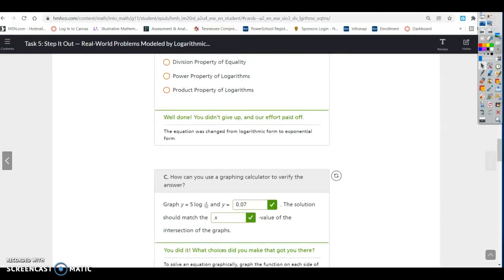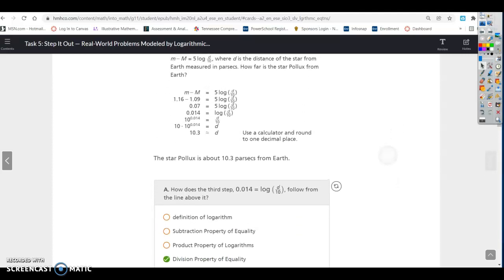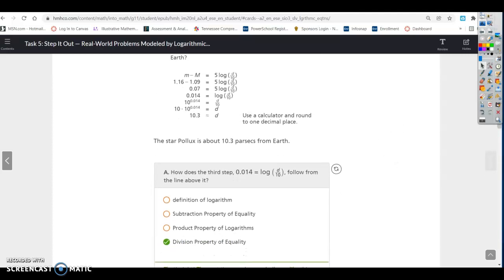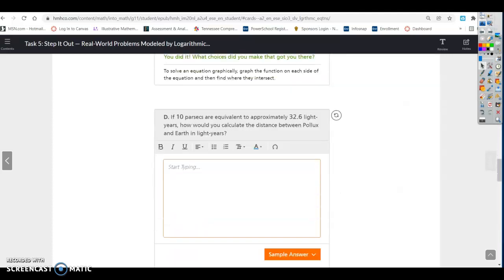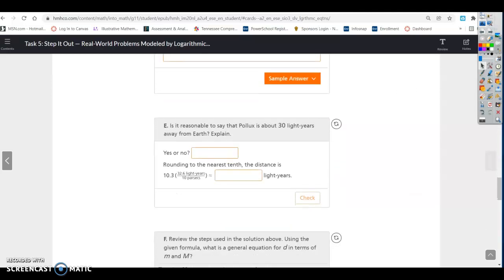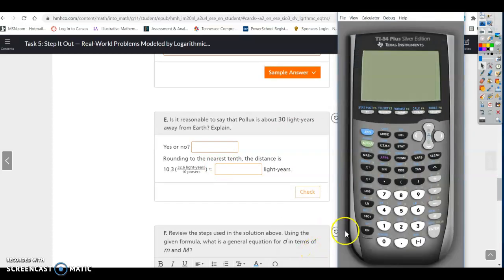Well, let's see. All right, so we've got the 10.3 is the distance. So let's take the distance and multiply it by the light years. So we're going to have 10.3 times, and then 32.6 divided by the 10 parsecs, again, that's just 3.26.